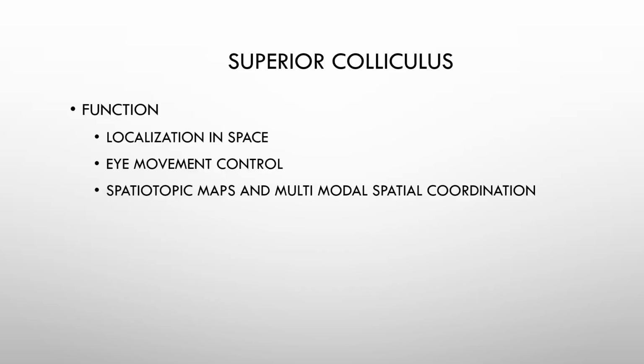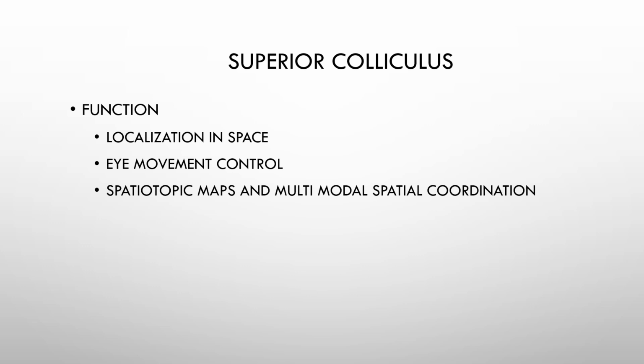The other subcortical structure that I'm going to talk about more briefly than I'd like to: I think the superior colliculus is really cool. It is taking in information not just from our eyes about space, but multimodal spatial coordination. So it's creating these spatiotopic maps based on not just that I see movement over there, or I see a bright color over there, but that I heard a noise over there, or I felt someone touch me on my left arm, and it's on the same side that I'm hearing a noise and seeing movement, right?